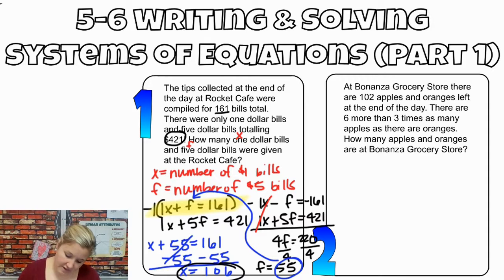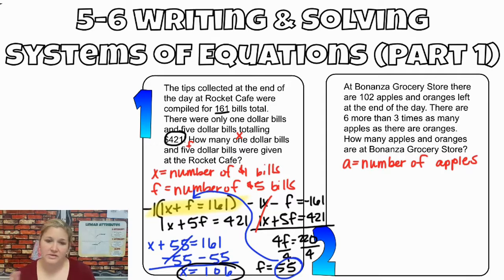A is going to be the number of apples. Again, this doesn't tell you to let this variable represent something; you could use X and Y. I like to use variables that start with the item so I know what I'm talking about. So I'm going to use A here. I don't want to use O for orange because that can look like a 0, which would make it look like a number.